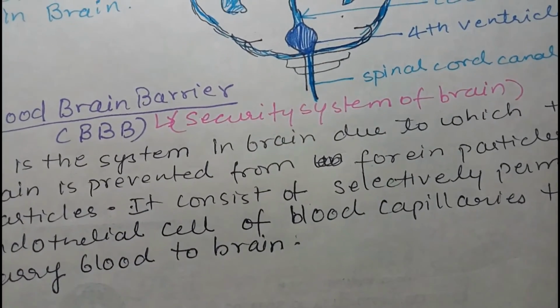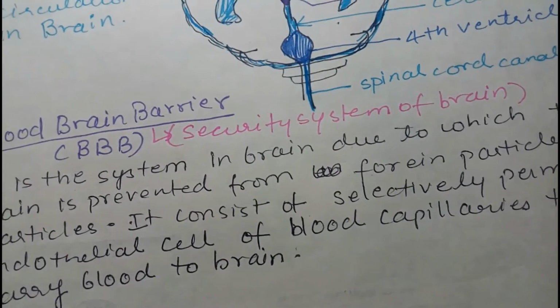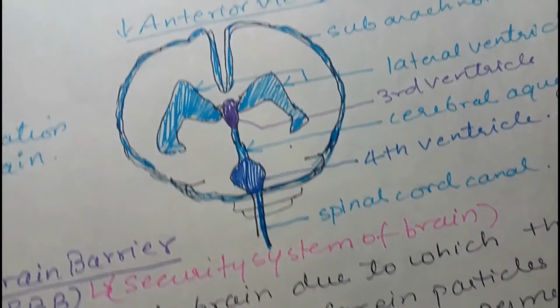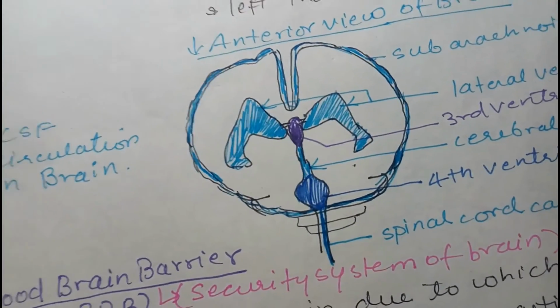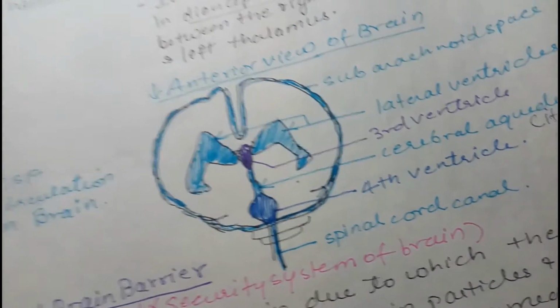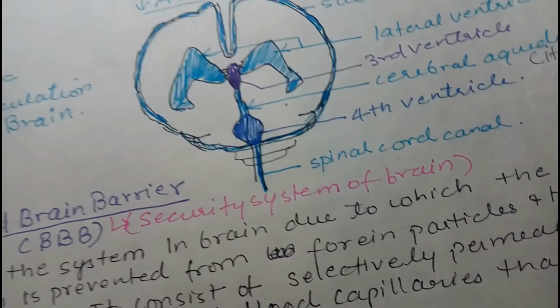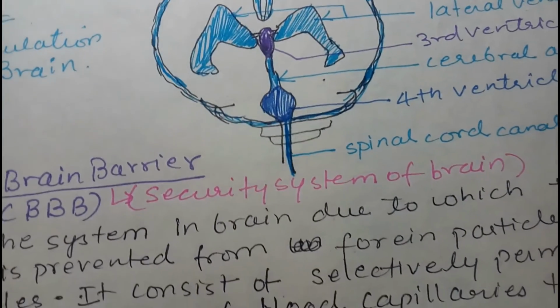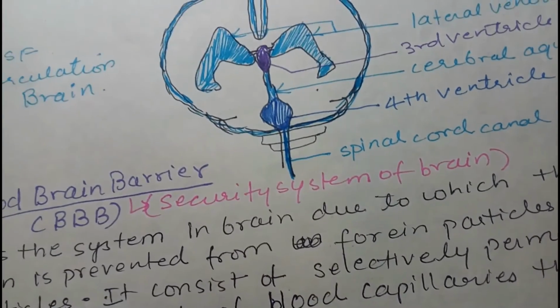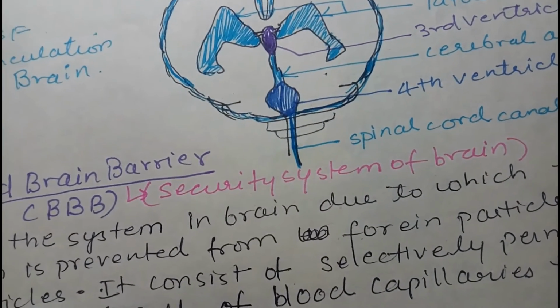Now, the blood vessels are associated with the circulation of CSF. This is the extracellular fluid in the brain. They pass through this system, the cerebrospinal fluid circulatory system.